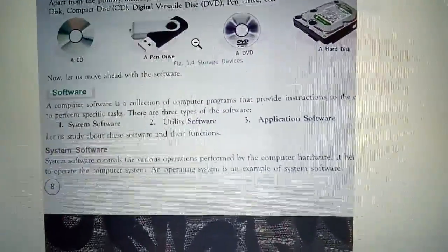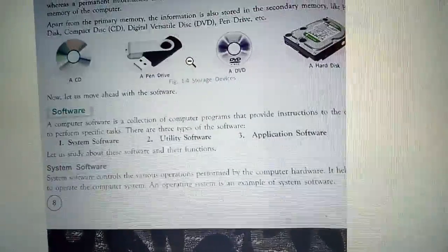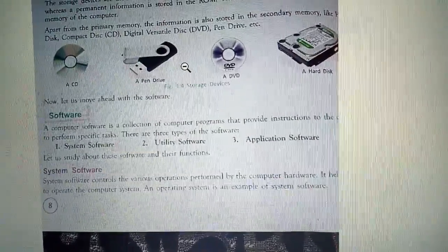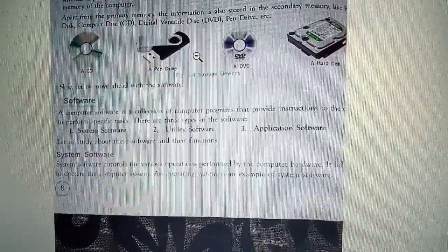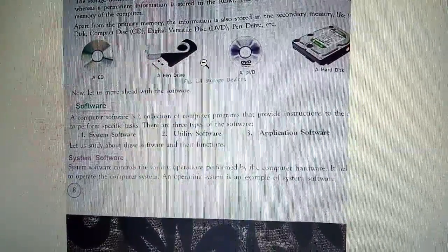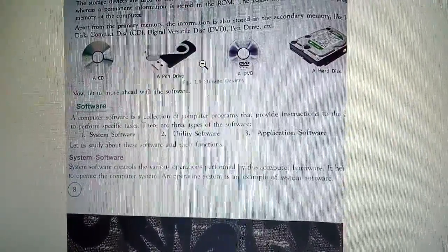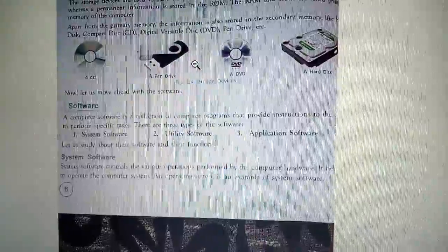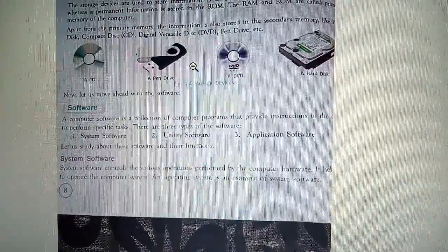Now what is software? Computer software is a collection of computer programs that provide instructions to the computer to perform specific tasks.